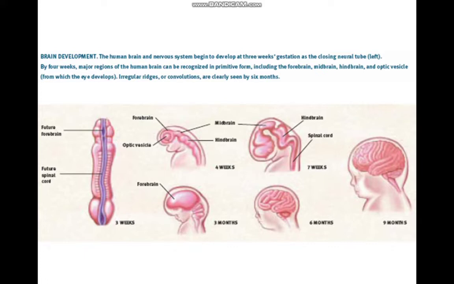Then in the 5th week of intrauterine life, there appear 3 primary brain vesicles. There appear 3 dilatations towards the cephalic end of the tube, towards the cranial end of the tube. There appear the prosencephalon, the mesencephalon and the rhombencephalon.